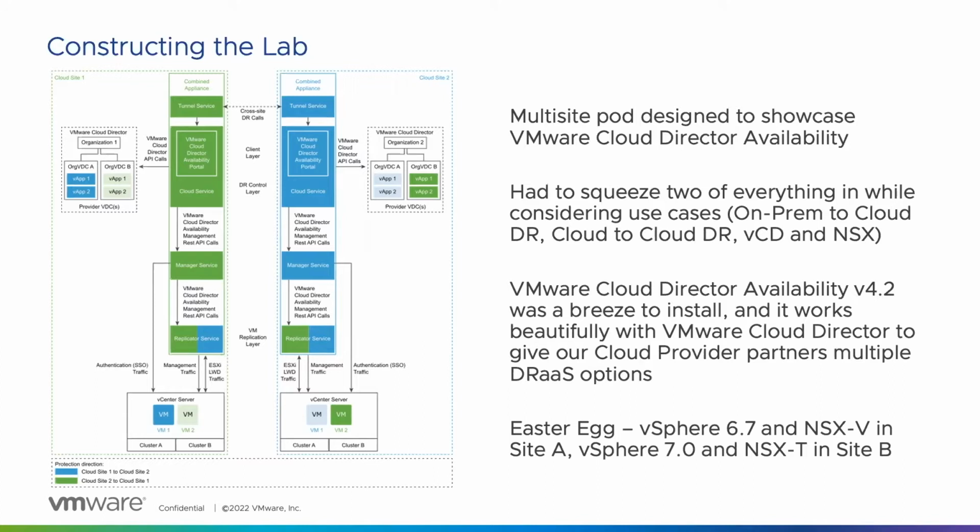I also wanted to do the on-prem to cloud use case, so I'm kind of double using site A. Site A is used for both the on-prem to cloud as well as cloud to cloud, site A to site B. So it has a couple of different appliances deployed there. And that's really the tricky part, just trying to squeeze everything in there.